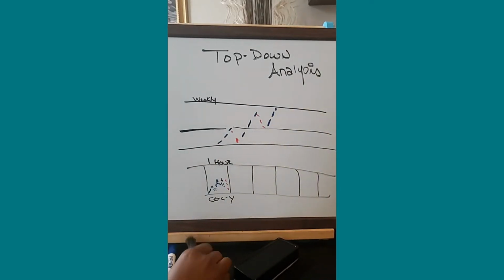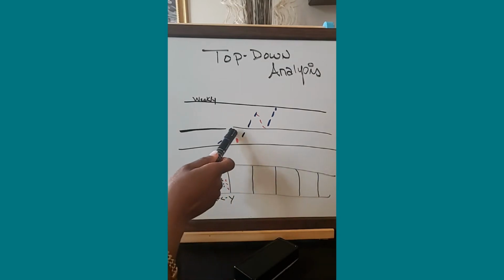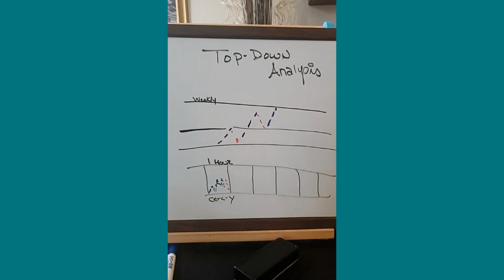If I know that I have a small candle forming on my weekly, I can go to a lower time frame and take advantage of it, because I know this is going to take an entire week to form. That tells me that on a lower time frame, I could take advantage of that downtrend for a whole week. I can ride it and get paid for that whole week.